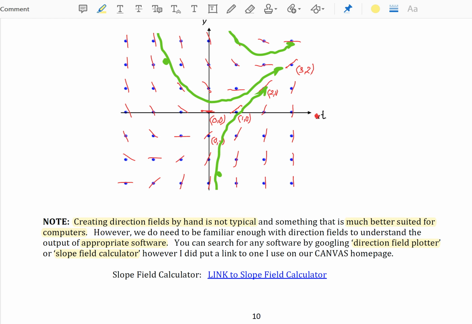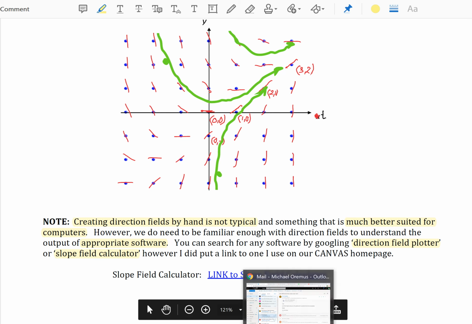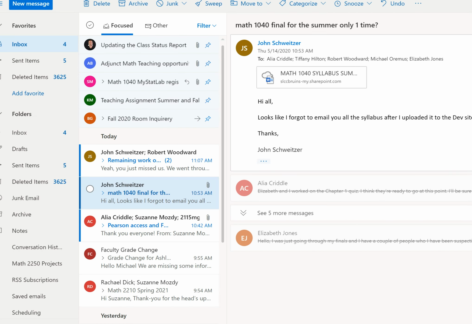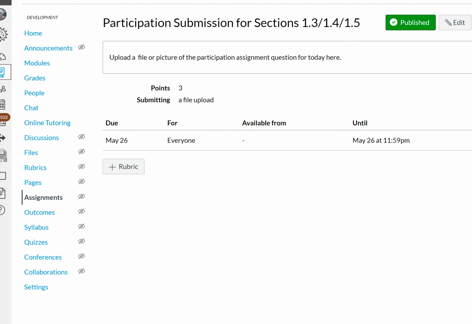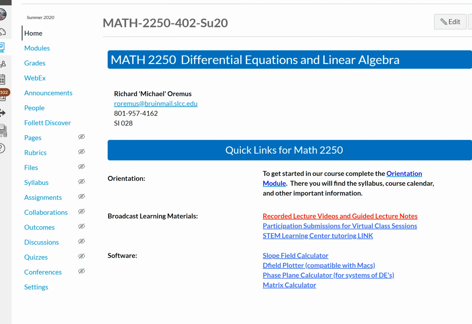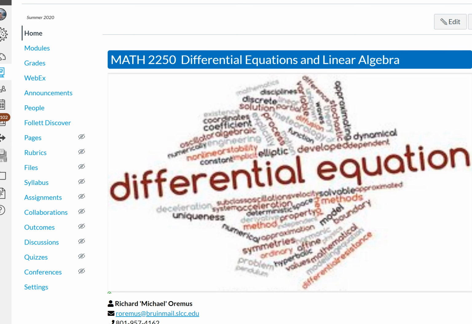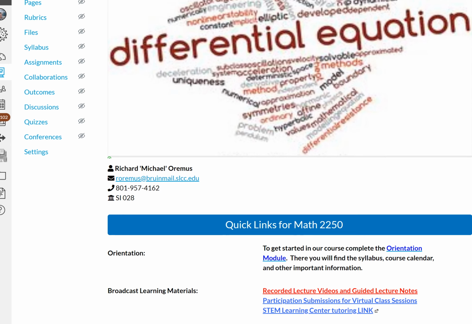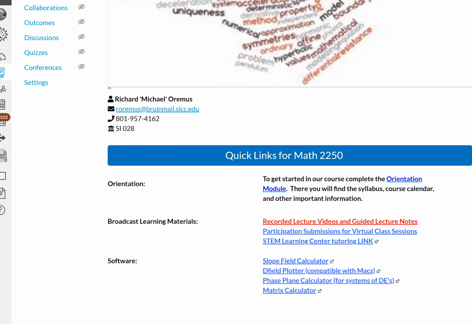Let's see if I can open this with us right now so you can see it. I can't open that, so let me open up a web page. Let's go to our Canvas course. And on our Canvas homepage, under the quick links, I put some links for a slope field calculator and a D-field plotter that work with Macs as well.